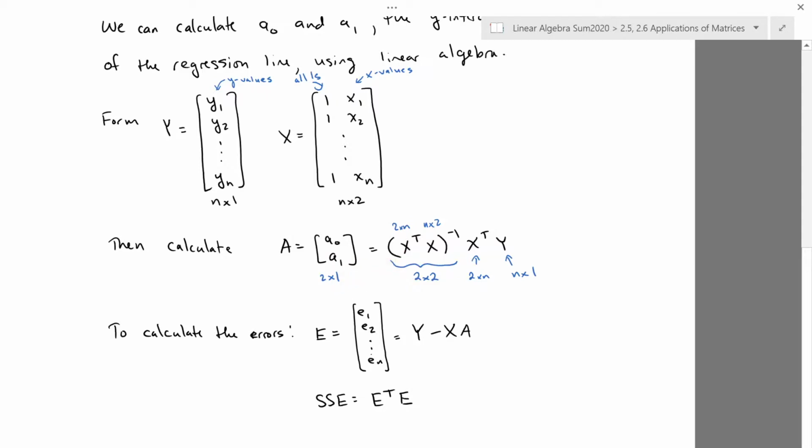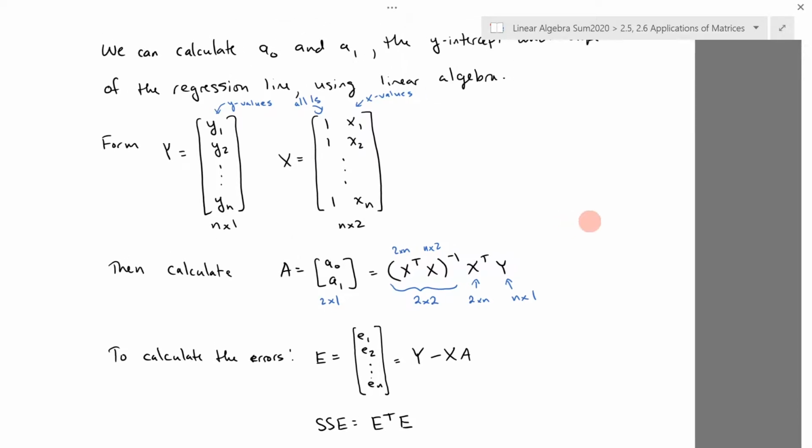Here we're not going to go into detail about how this actually gives us A0 and A1, but if you've taken a course in statistics where you go over linear regression, and you know the formula for calculating A0 and A1, you can kind of see where the formula is coming from.